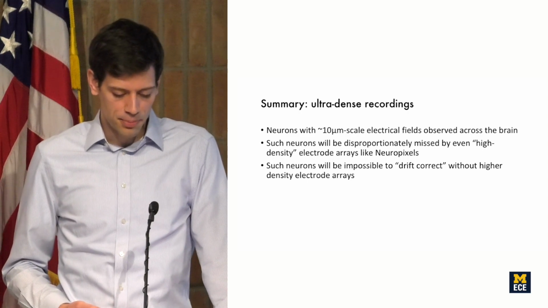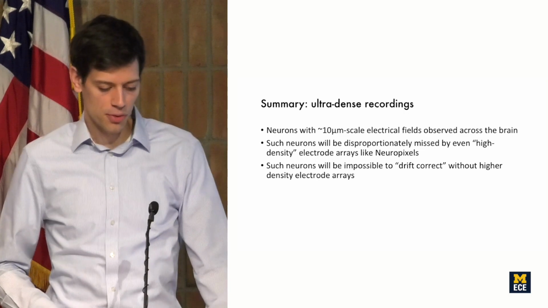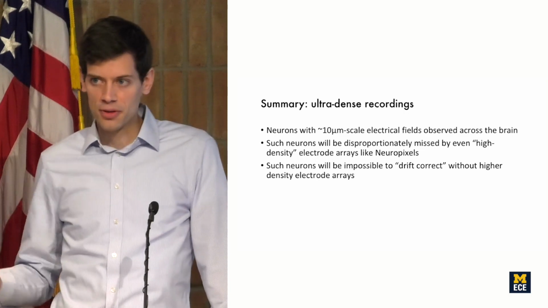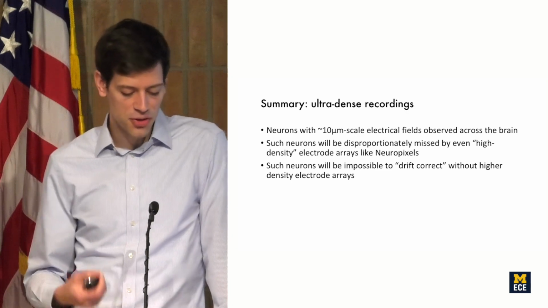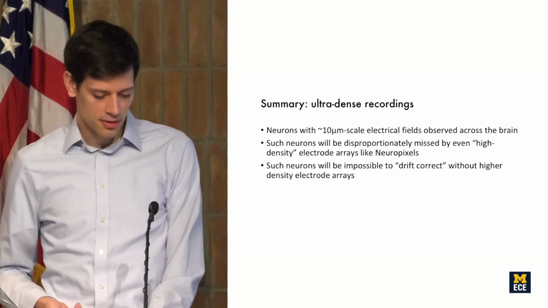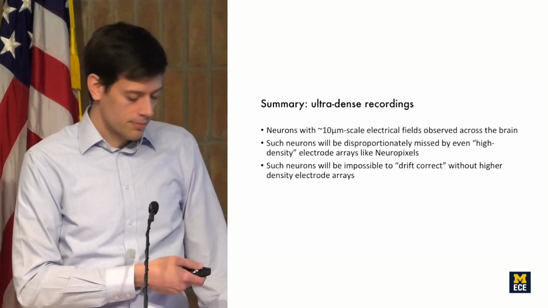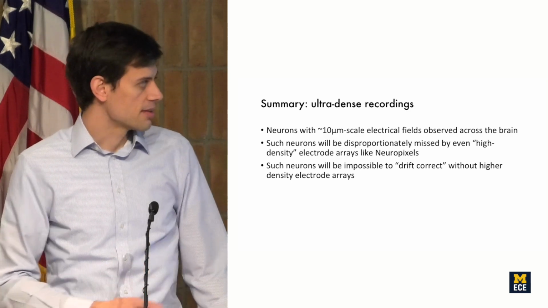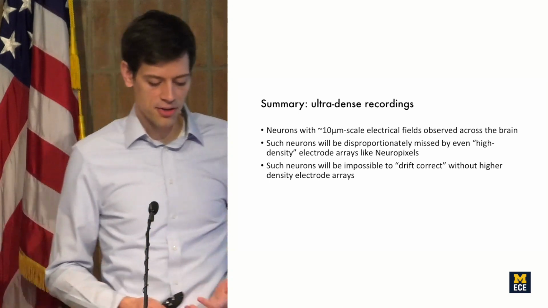And I think this could potentially give partial explanation for this dark matter problem in neuroscience that some people have talked about, that you don't observe spikes from as many neurons as you think you should based on geometrical considerations. And then the last conclusion is that these, as I mentioned, these neurons will be impossible to drift correct without higher density electrode arrays.